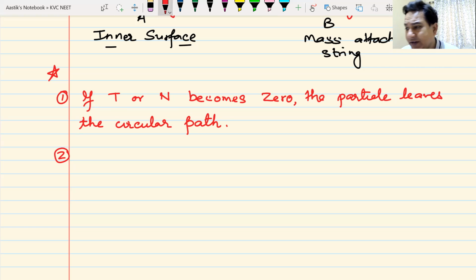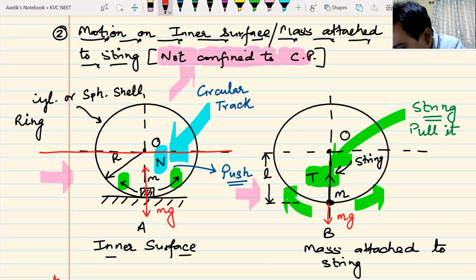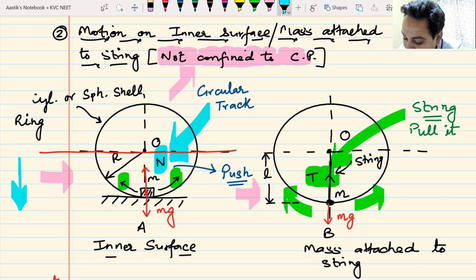And we can think logically. We can divide this entire circular motion into two parts, and I'm going to make that division by this red line. Anything below this red line is the lower half of the circle.